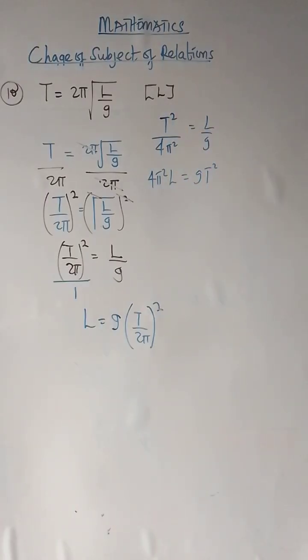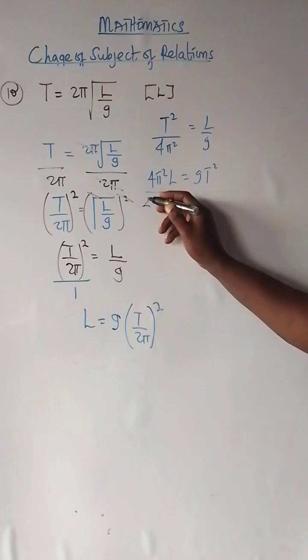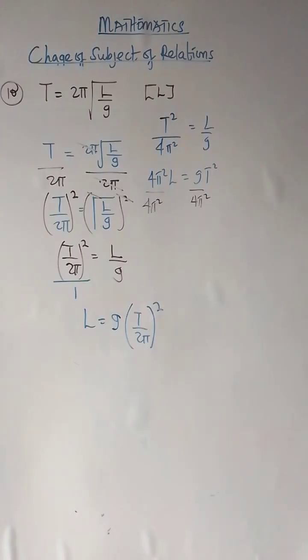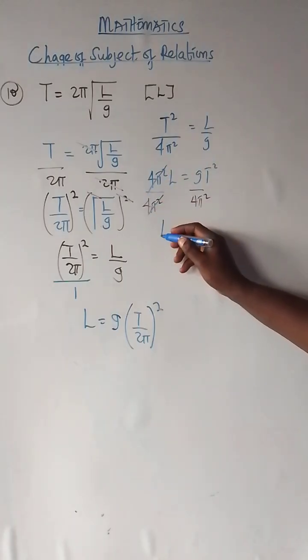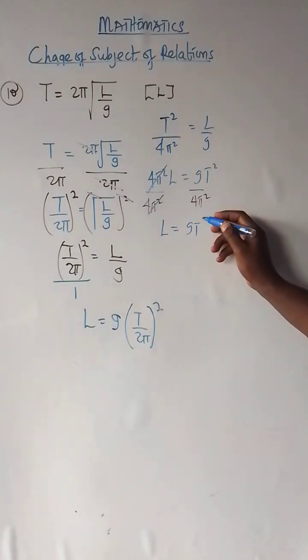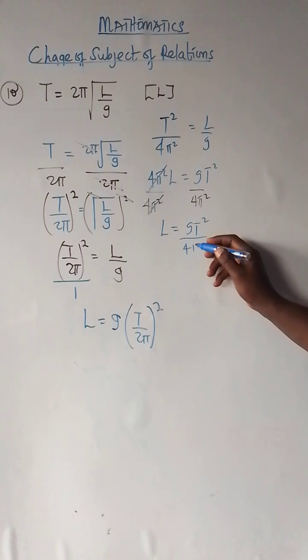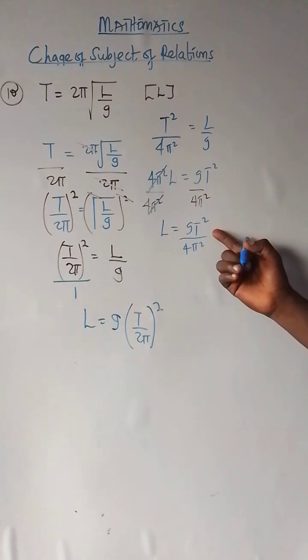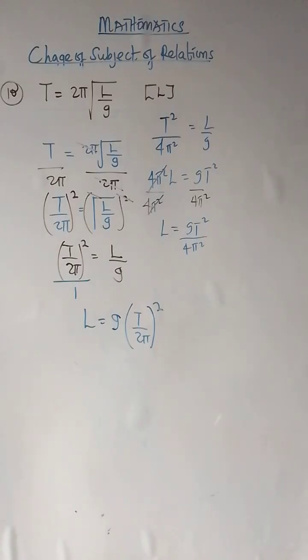To be able to get the value of L, we have to divide both sides by 4 pi squared so that L can stand alone. So 4 pi squared cancels 4 pi squared. Then L becomes G T squared over 4 pi squared. So these ones are the same, just that here we factorize all the perfect squares. So these answers are the same.